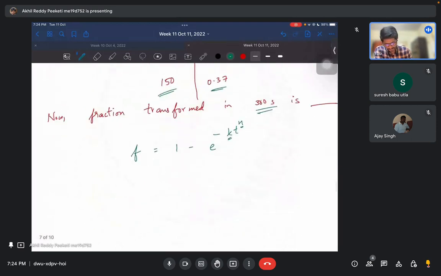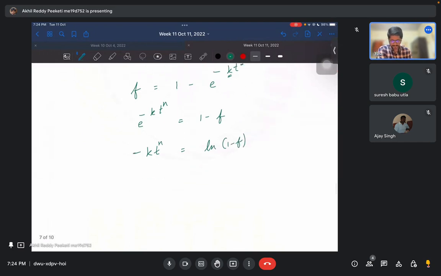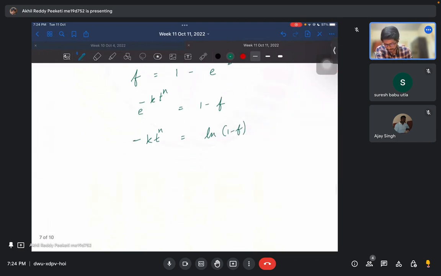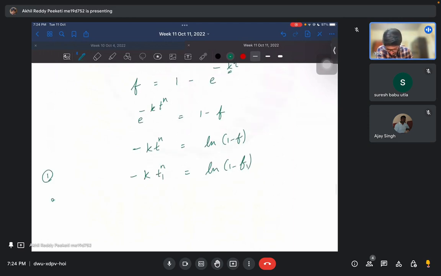So let's write it this way. e power minus k t power n can be written as 1 minus f, right? Now let's take ln on both sides. Then this would be minus k t power n equals ln of 1 minus f. Now if you substitute case 1, 75 seconds and 0.11 fraction: minus k t1 power n equals ln of 1 minus f1. And for the second case: minus k t2 power n equals ln of 1 minus f2.